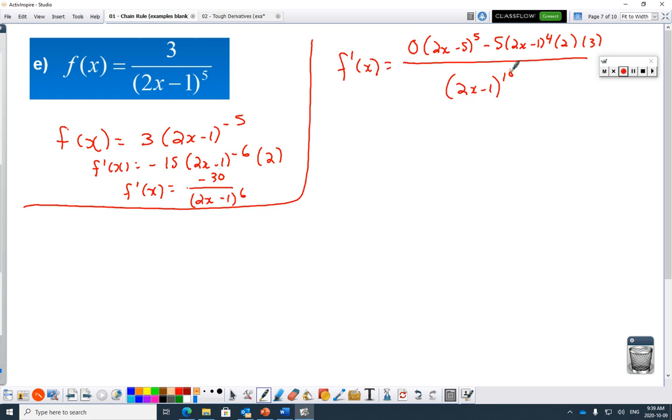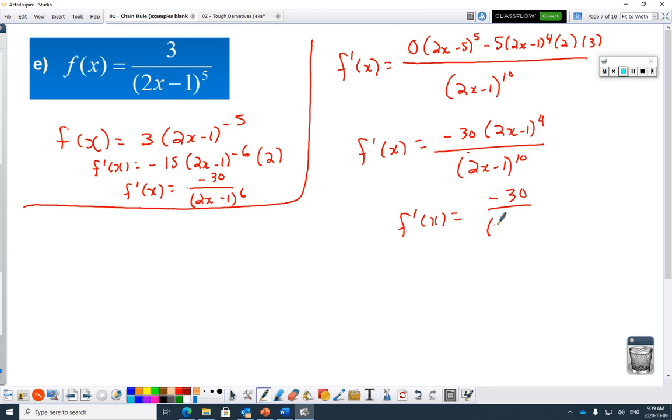You don't have to do all this when there's a constant up top there. So a little more work here. Let's see, negative 30, 2x minus 1 to the 4 over 2x minus 1 to the 10, and then cancel 6 of those, and I get negative 30 over 2x minus 1 to the 6th. This wasn't a lot worse doing the quotient rule, but I hope you see it is worse. And it'll only get more worse the more complicated that function is in the denominator.